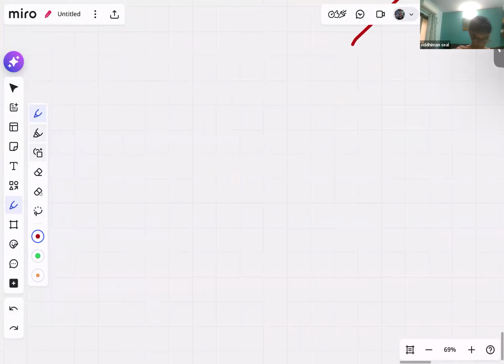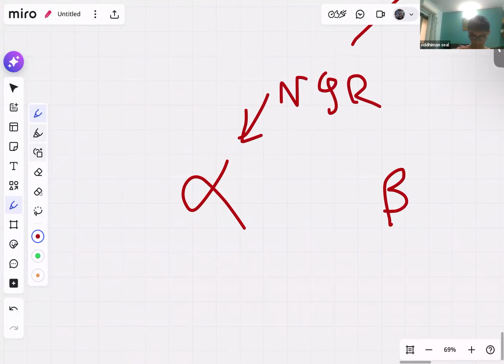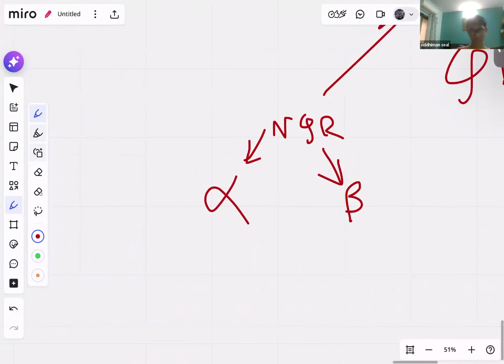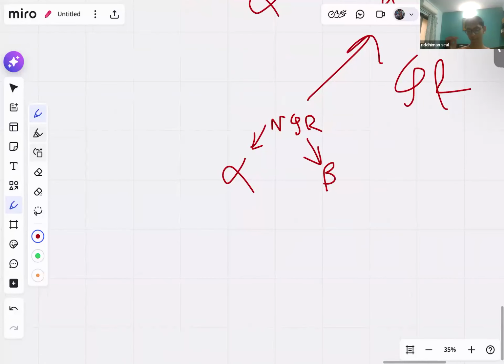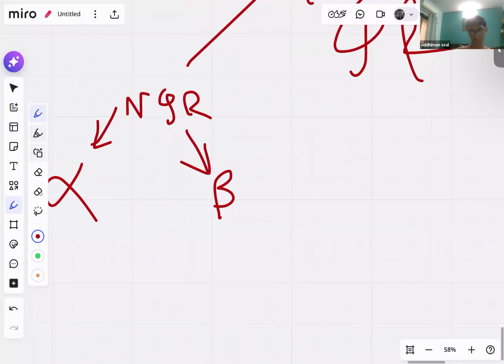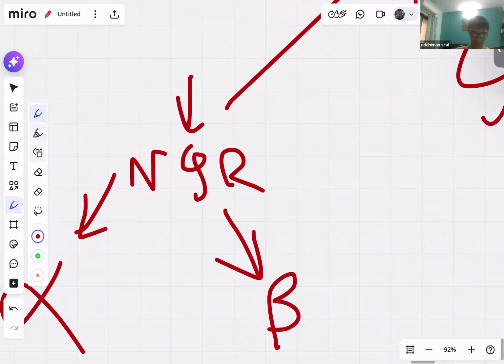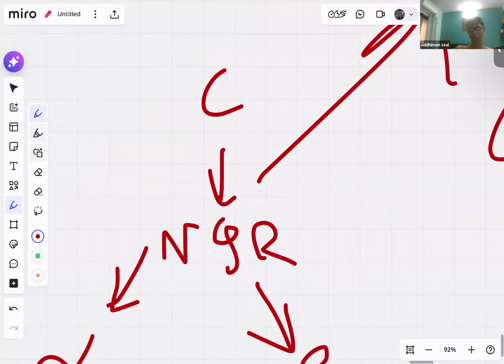Now, what about the third type? What about we have alpha and we have beta. Suppose they are both NQRs. What can we say about them now? Yes, this will be a QR. This is why quadratic residues are particularly good, maybe compared to cubic residues, because this statement becomes false if I change this Q to a C, like cubic residue or non-cubic residue.